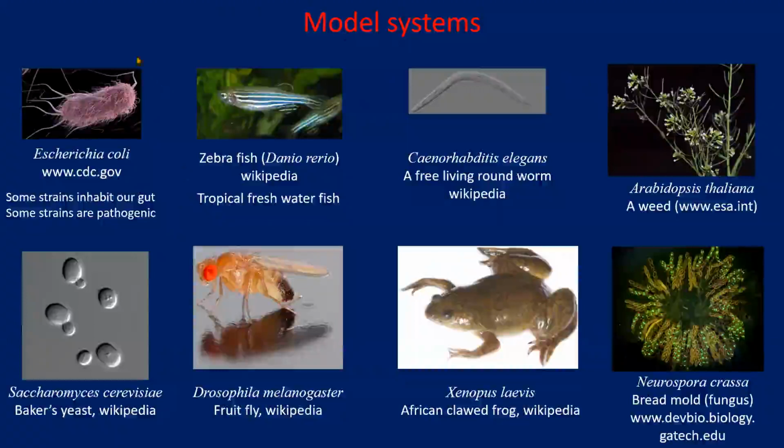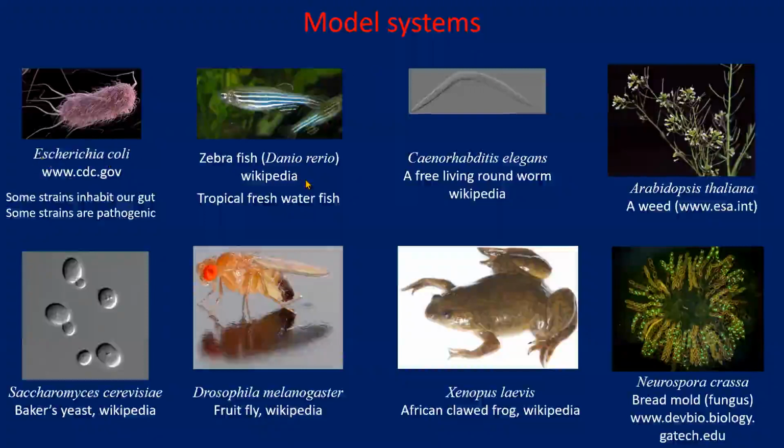So, in order to understand cellular organisms, you can study a few model systems, like E. coli. In the case of bacteria, E. coli is very well studied. E. coli is the common name, but the full name is Escherichia coli.